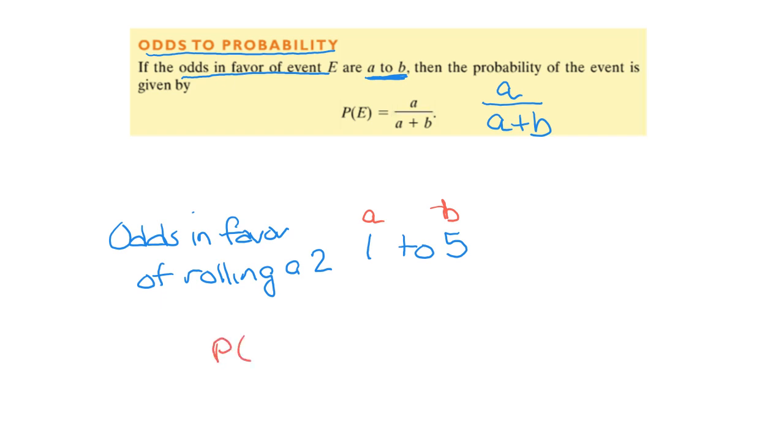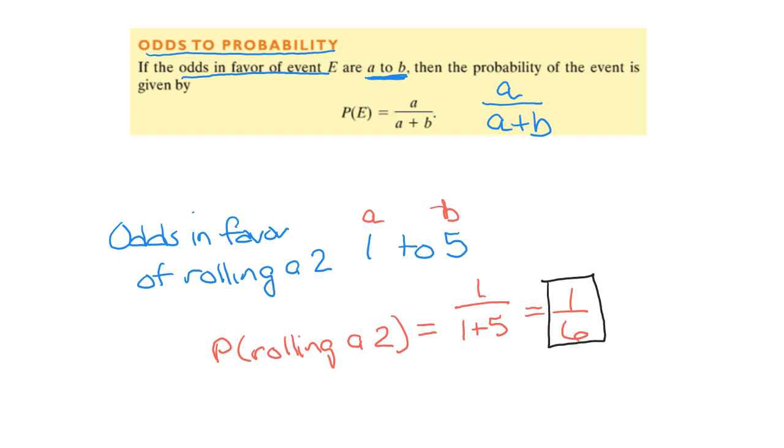So the probability of rolling a 2, which we already know because we found out on the last slide, is to take A, which is 1, over A plus B, 1 plus 5. That'll give us a true result. It does take 1/6 probability to roll a 2.